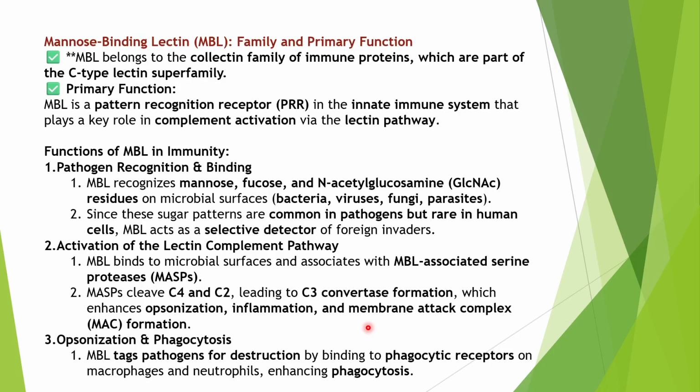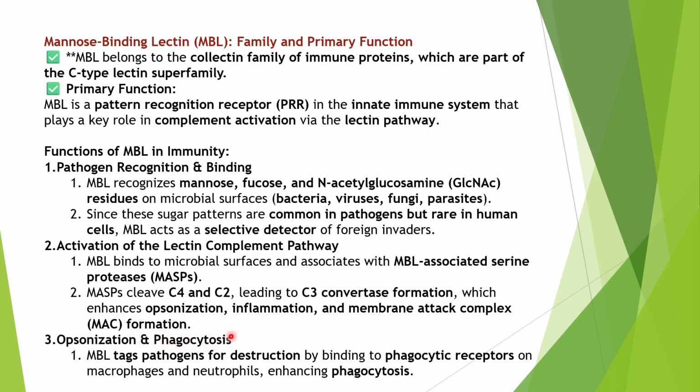Other complement proteins like your C6, C5b, C7, etc. are part of this MAC formation. And then osmolysis will occur because of the increased porosity of your pathogen. MAC can also trigger intracellular signaling and cell activation. So this is your opsonization and inflammation and membrane attack complex formation.